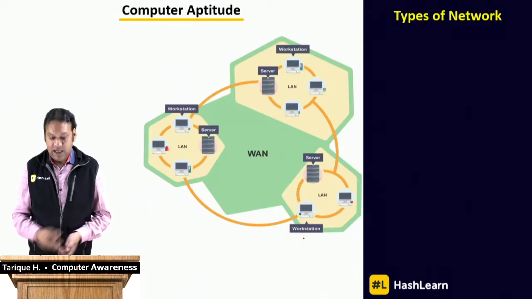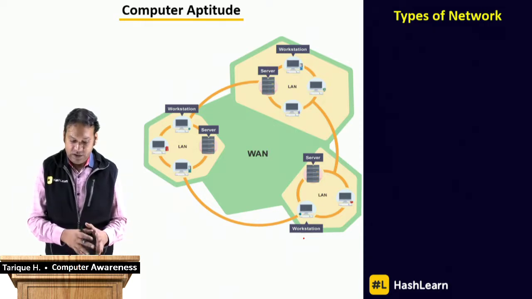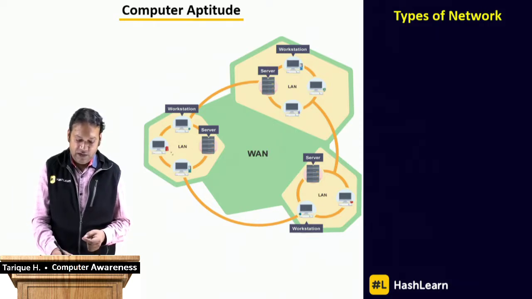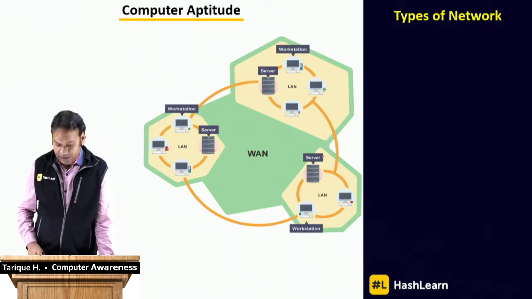Next would be to understand what is a wide area network. As you can see here, different cities are there, and in each city we have a LAN, and these LANs are then connected to each other, and that creates a wide area network, right?